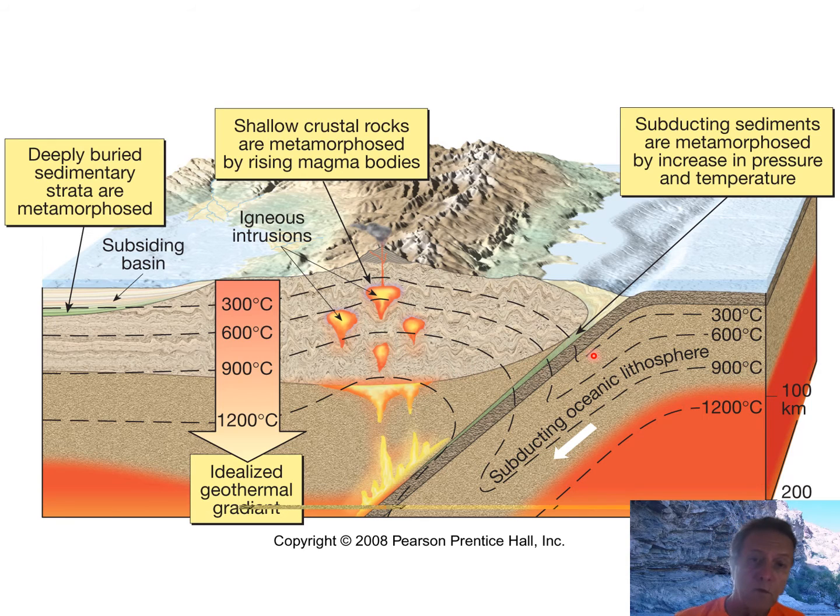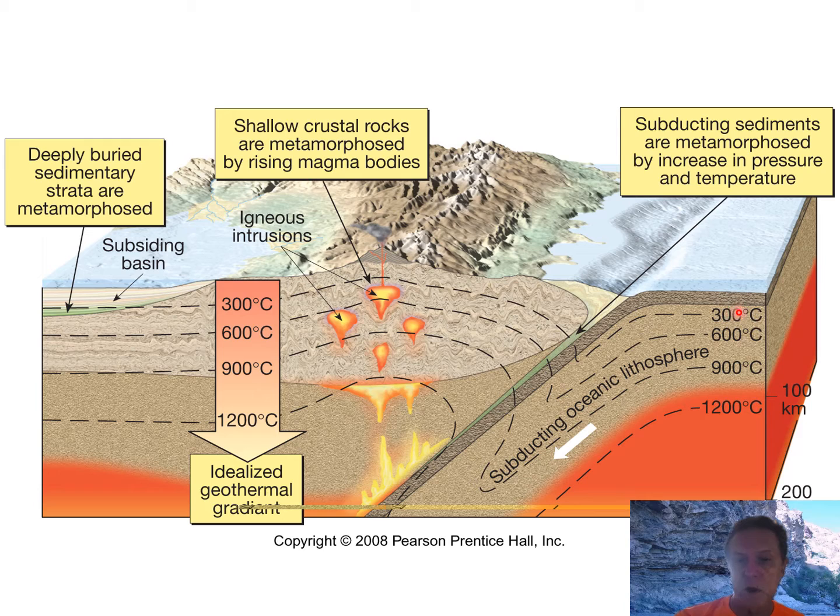You also have metamorphism through subduction. You have this mechanism of a plate subducting underneath another plate. As it does so, the sediments that were originally on a flat seafloor are now being squeezed by being rolled under this continent, subjected to increasing pressure and increasing heat, and thus metamorphosing.